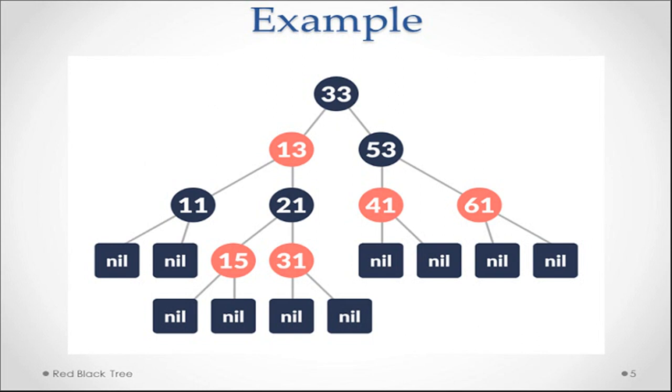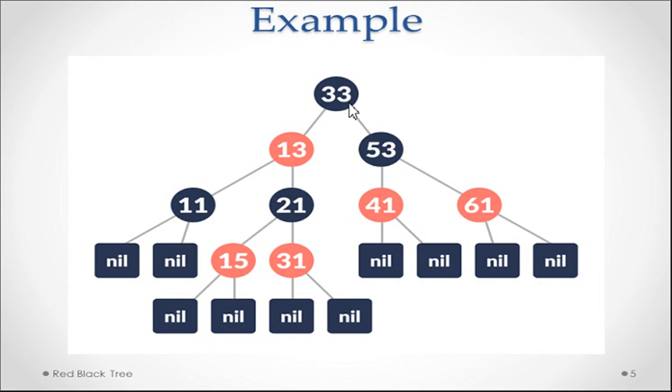Let's see one example. This is a red black tree. Over here, the first property: the root is black. Then we have red and black nodes. The null nodes or nil nodes are black only. There are no adjacent red nodes. Then the path length, that is the black height: one path to go to nil is this, another path is this, another is this, then this is another path and this is another path.